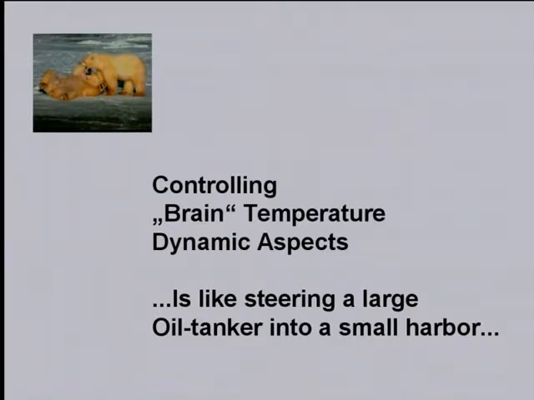It is like steering a large oil tanker of Onassis into a small harbor of Chalkidike. This is one problem of hypothermia. It's not easy to control. It's not easy to steer. Next slide.